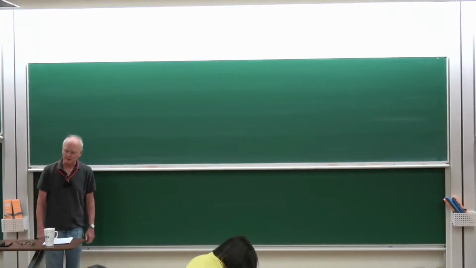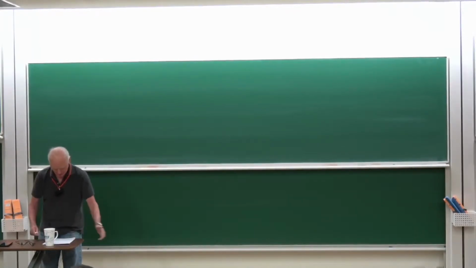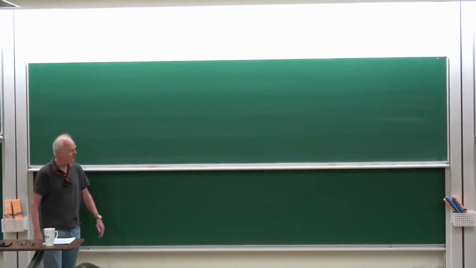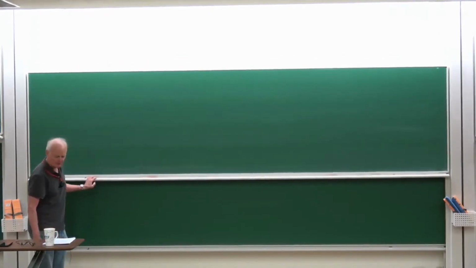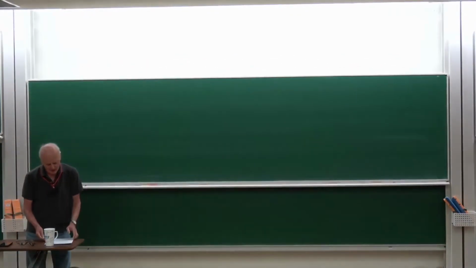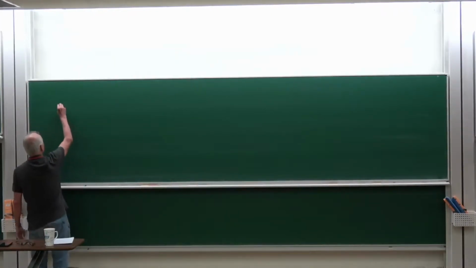Okay. So let me just remind you of some of the recent topics that we covered, because I'm going to need to refer to them today. So first of all, recall the area formula.